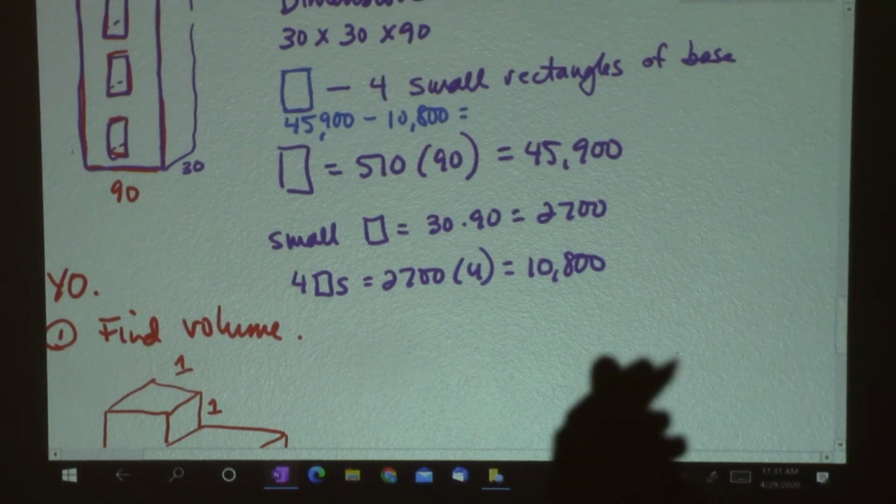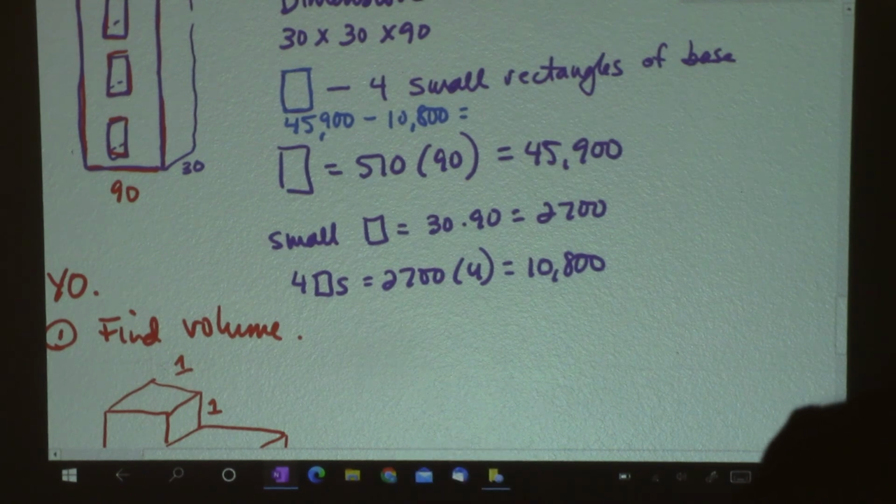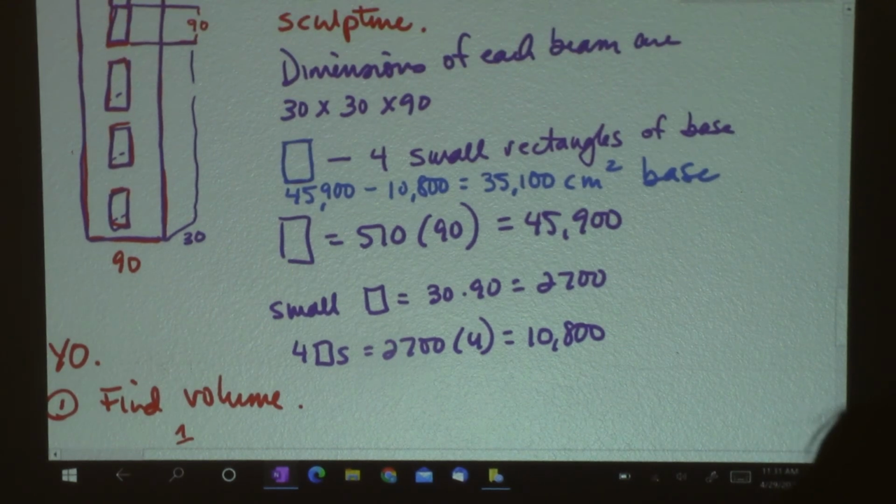And I get 35,100. That is centimeters squared. That's the base that looks like the front. It's the big thing minus all the boxes, okay? So it's just that area.